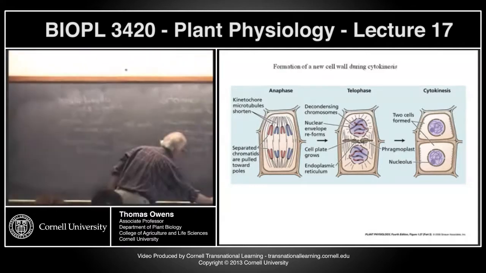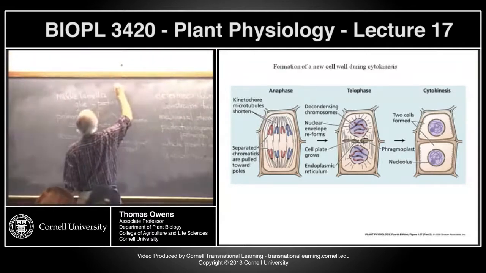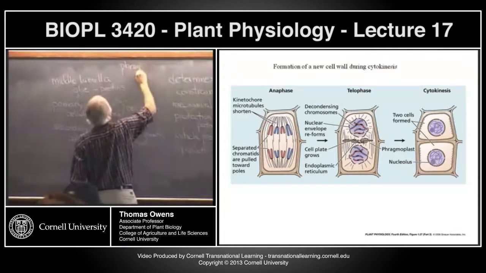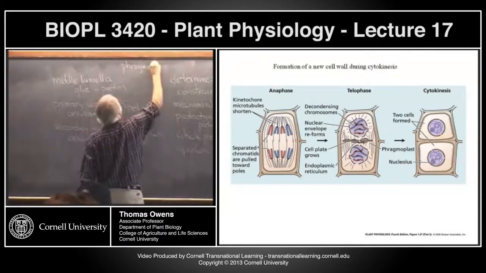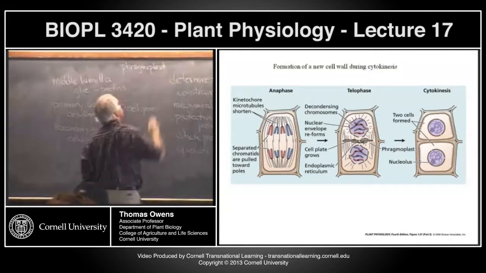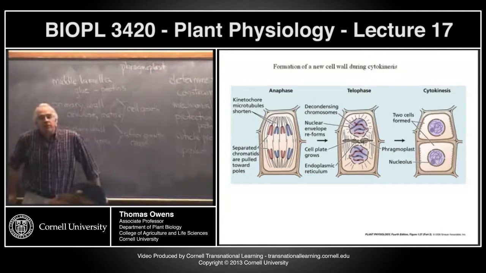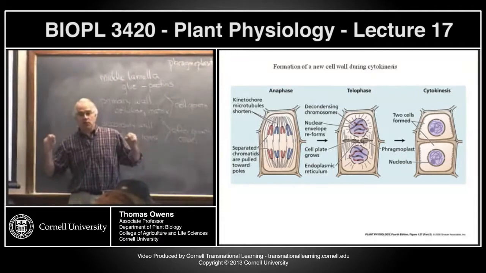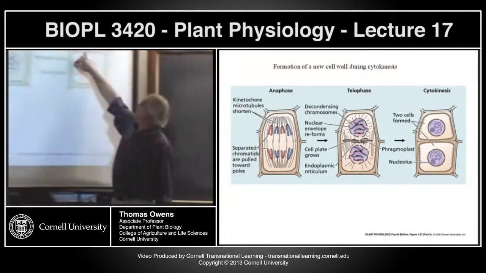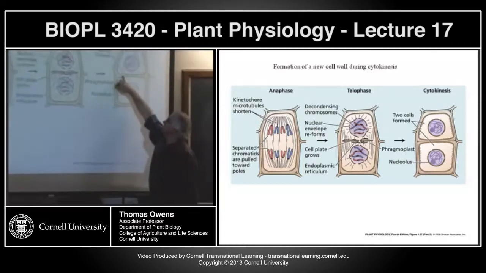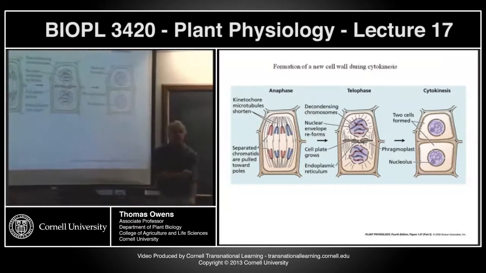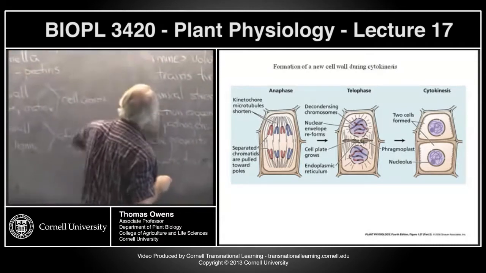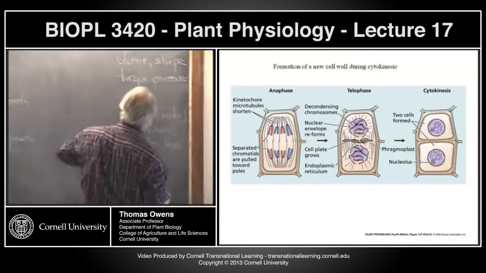And this aggregation of microtubules is called a phragmoplast. And basically these microtubules form the skeleton upon which the new plasma membrane that separates these two cells and the middle lamella will be formed. And it's relatively straightforward to think about how this process happens.